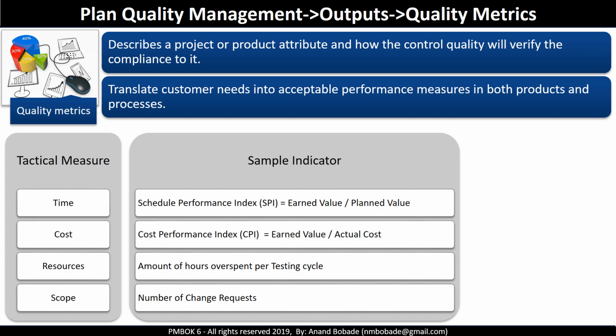For example, number of defects identified per day, errors found per 1,000 lines of code in software projects, percentage of tasks completed on time or percentage of tasks delayed, customer satisfaction scores. In manufacturing, it might be machine failure rate per month, total downtime per month. The metrics and tolerance level for variation are set in the quality plan, and the control quality process needs to verify compliance with these quality metrics.